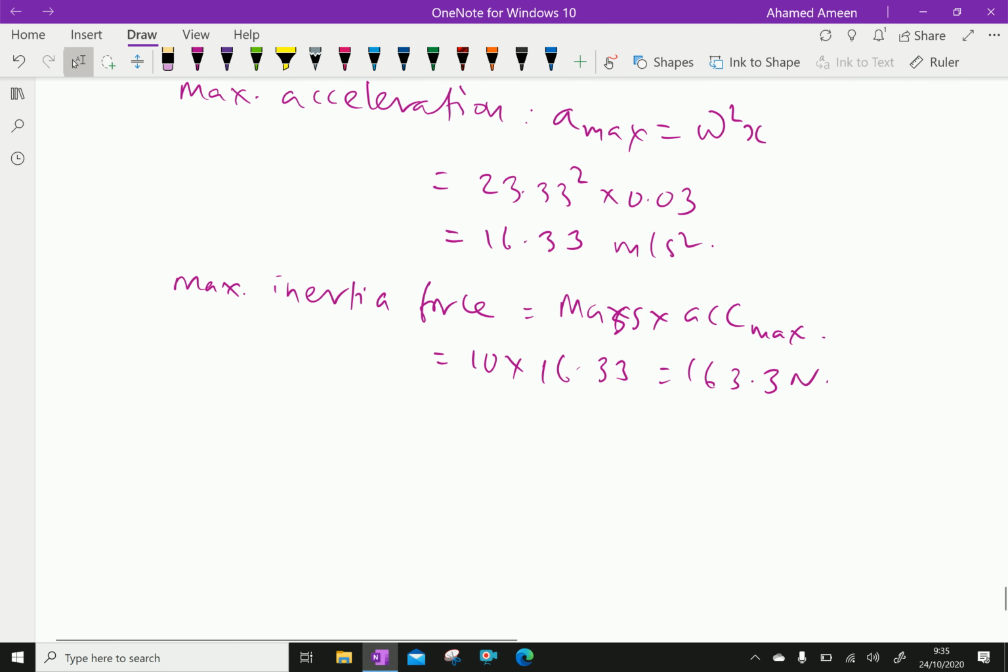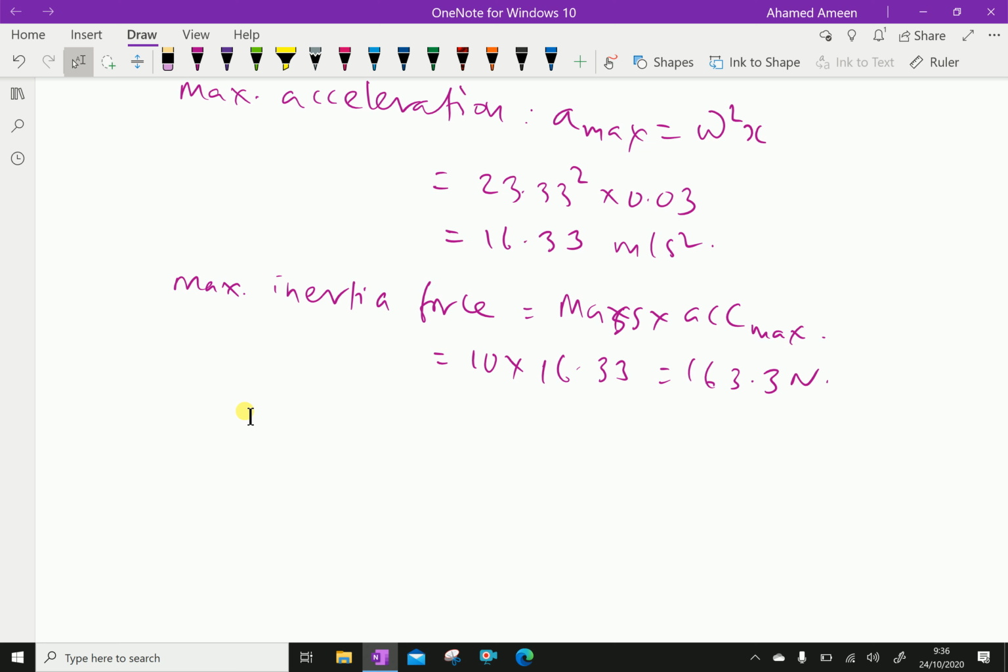Now, we also know that maximum force in the spring occurs when the mass is at its lowest position. In this position, the force in the spring is equal to the sum of the weight of the body and the inertia force.